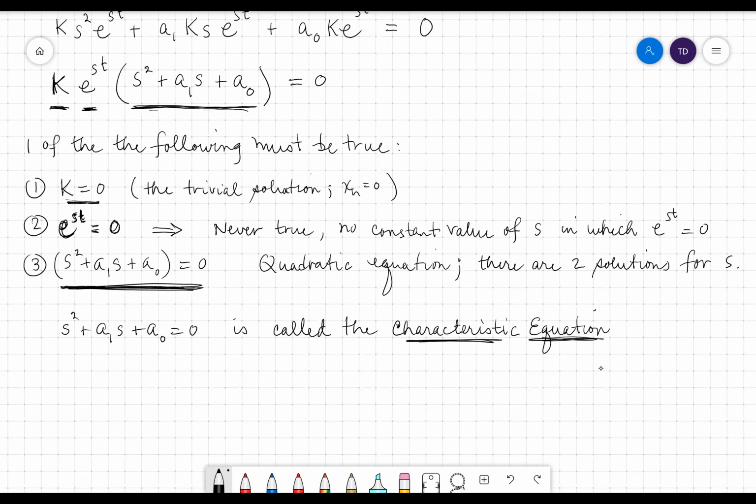And it is characteristic of the circuit elements that you have. Not so much the sources, more than the sources, it is characteristic of the elements in the dependent sources. So it's called a characteristic equation.